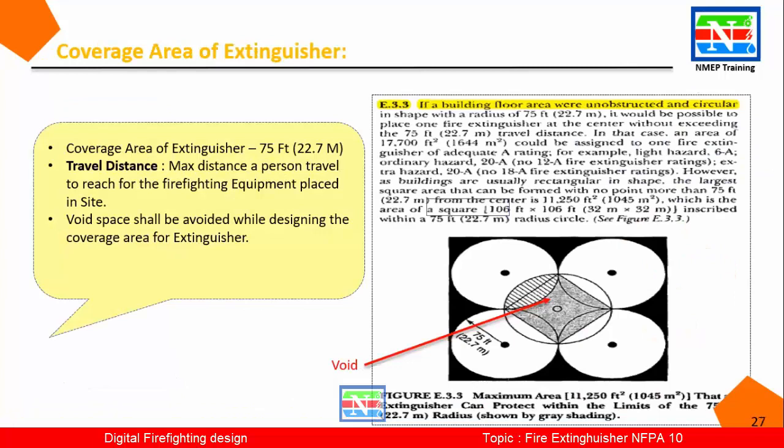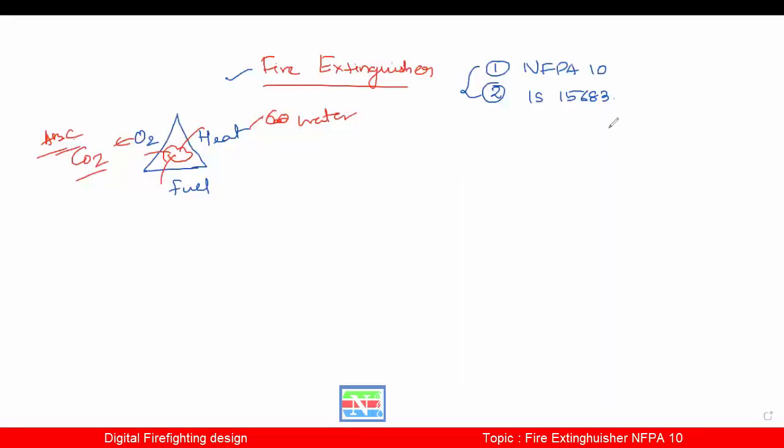Next is the coverage area of the extinguisher. Before understanding the coverage area, we should know what travel distance is. Travel distance means, for example, this is our building.